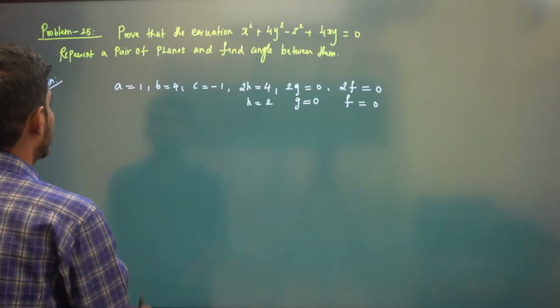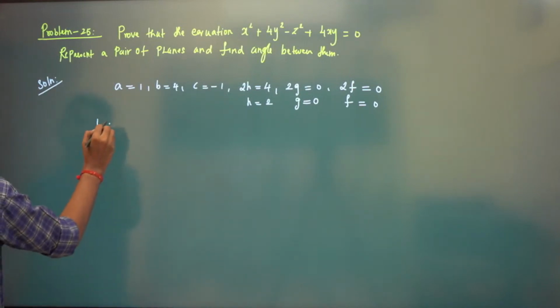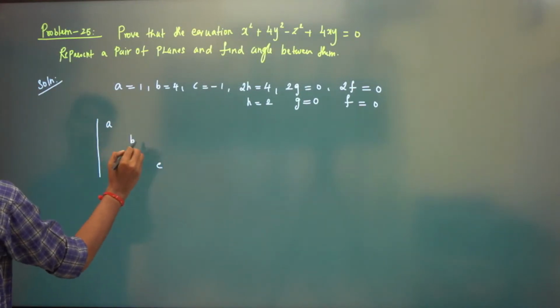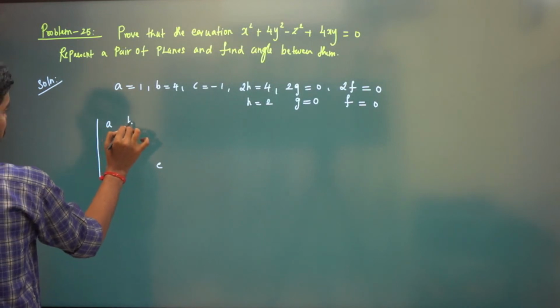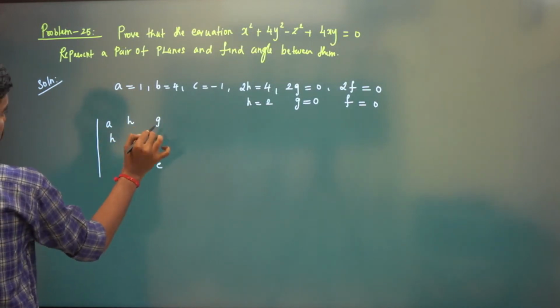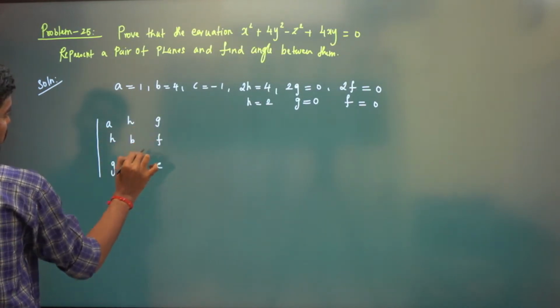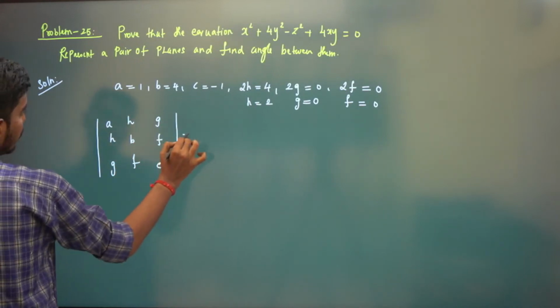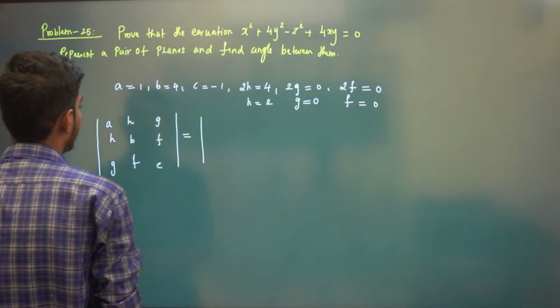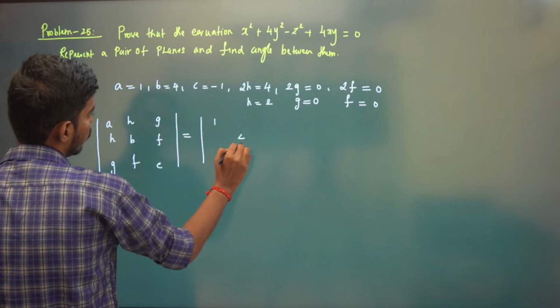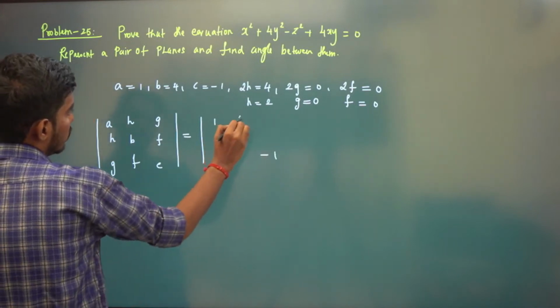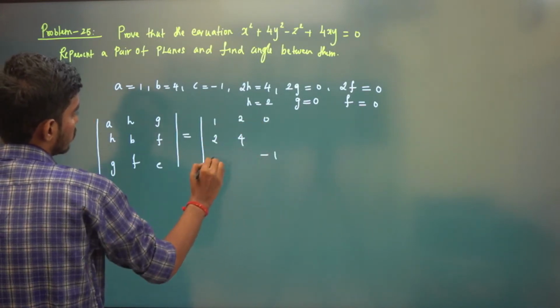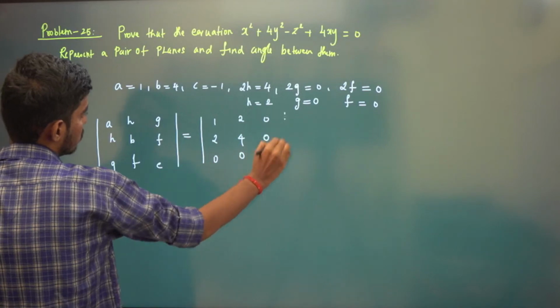Now this will represent a pair of planes if the determinant of a b c h g f, this you find the determinant of this. Determinant of a b c, 1 4 minus 1, 2 2 0 0 0 0.